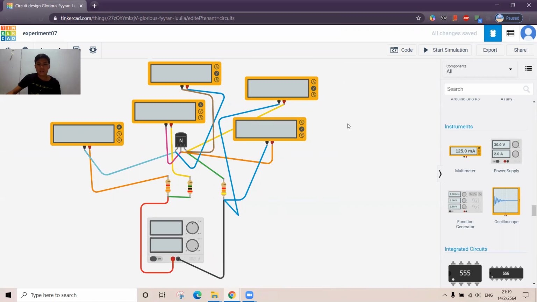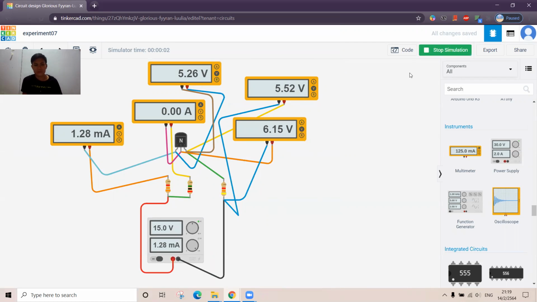So we can start the simulation now. And here is the result.